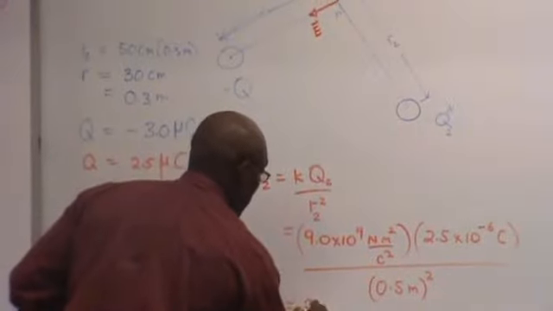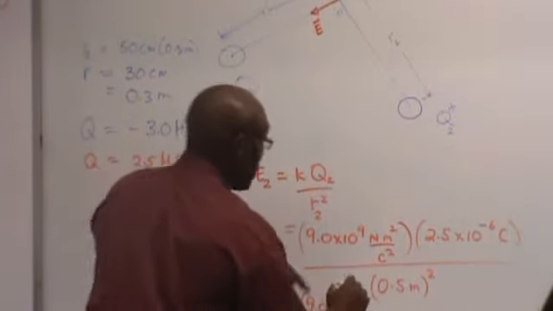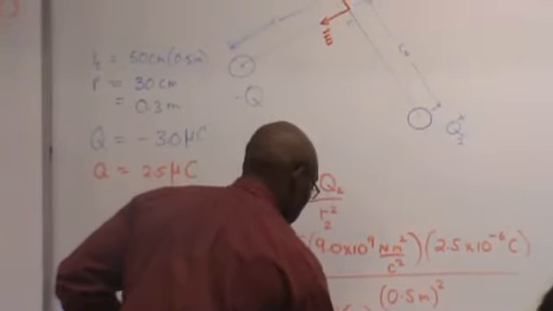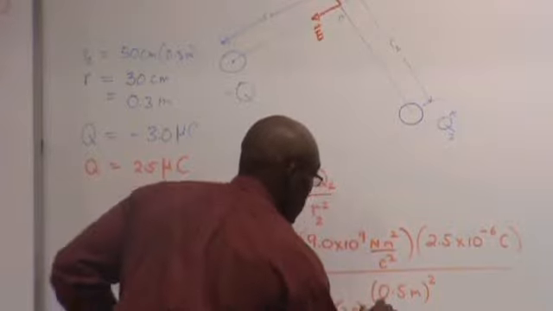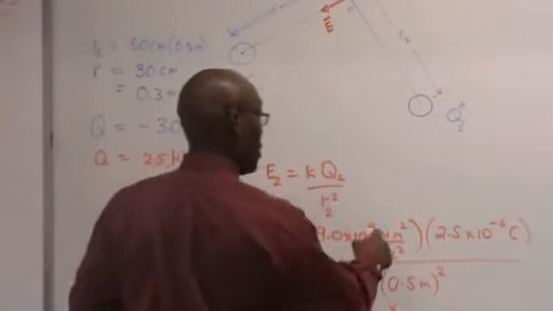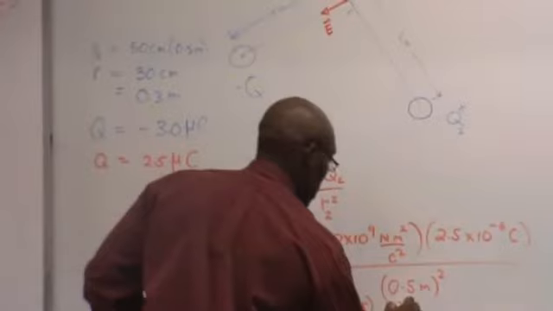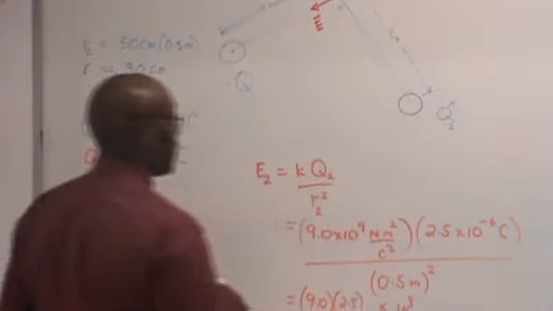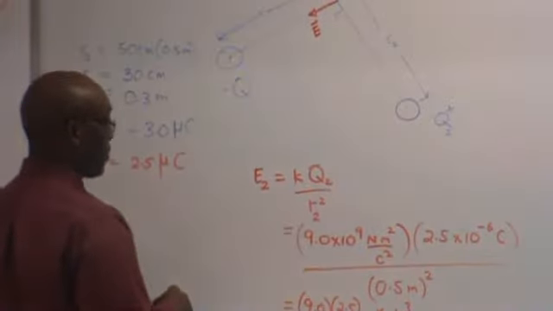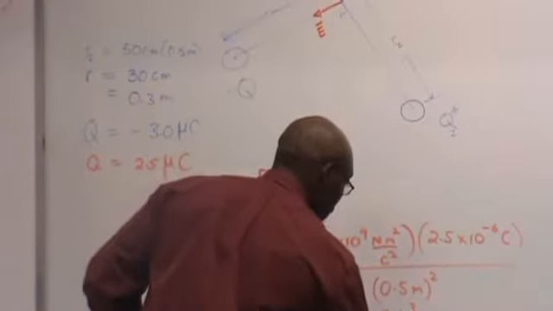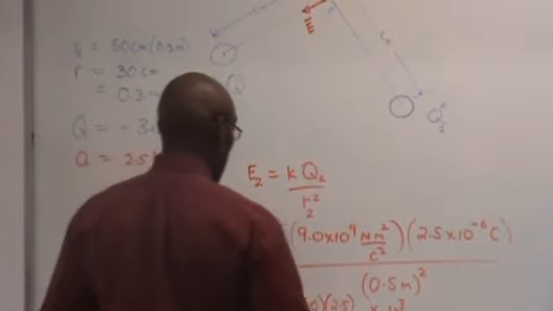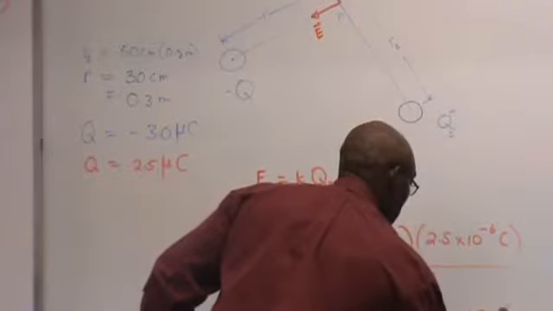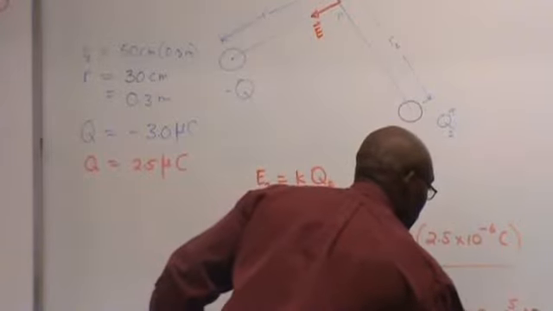Once again, that gives us 9.0 times 2.5 divided by 5.0 times 10 to the 3 at the top, 10 to the 2 at the bottom, and that gives us 4.5 times 10 to the 5 N over C.